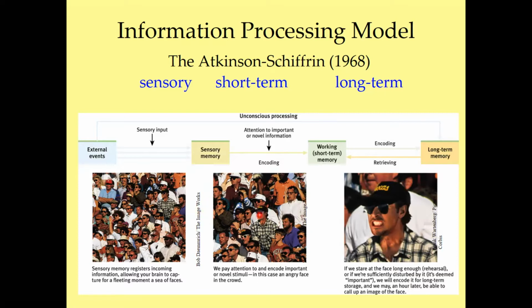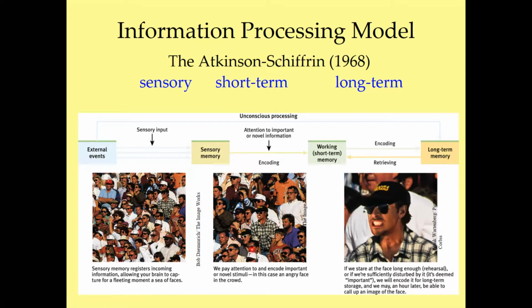If it is encoded into short-term memory, what we have is the most important information, that which is most striking to us or that might be most useful in the future. Notice that there is far less information entering short-term memory here.